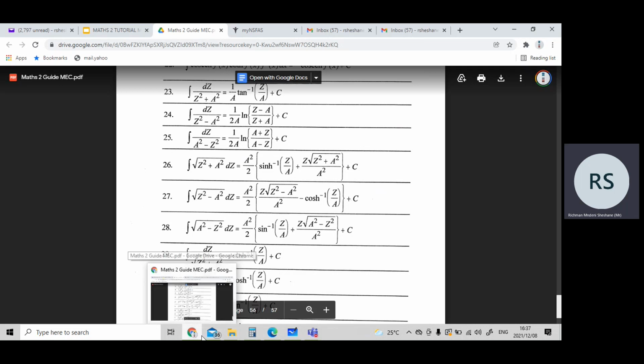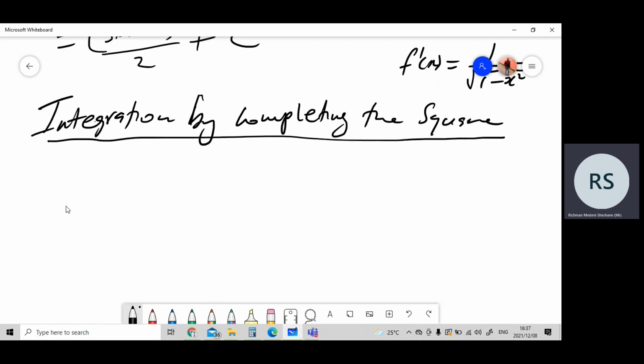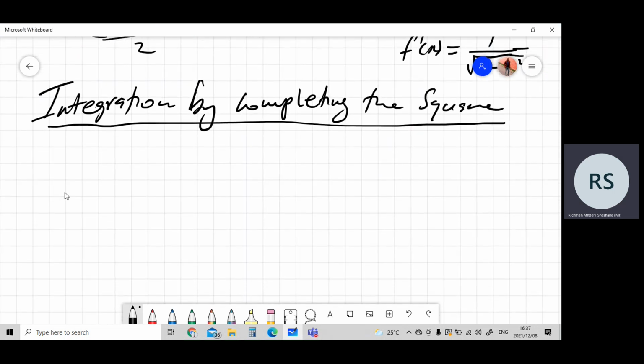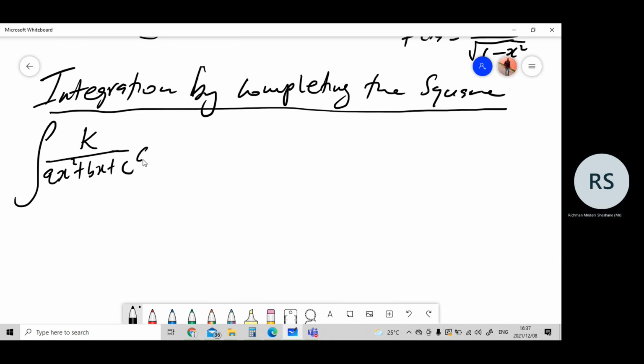Here you need to understand when to apply the standard integration by completing the square. Most commonly, you want to integrate a constant k over a quadratic expression, ax squared plus bx plus c, with respect to x.